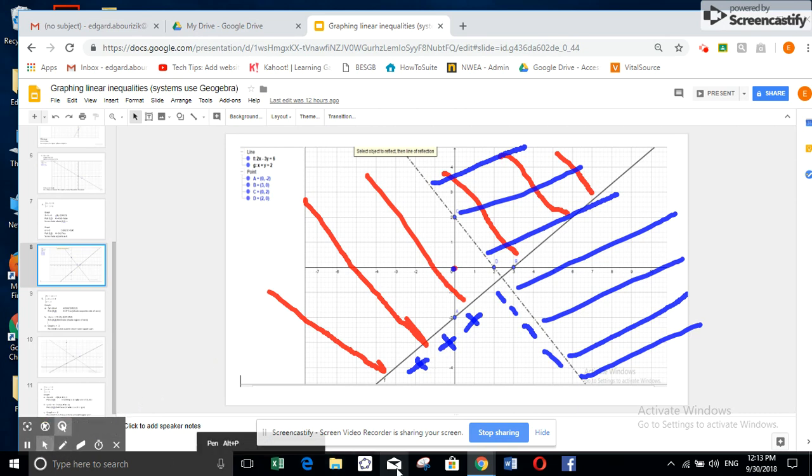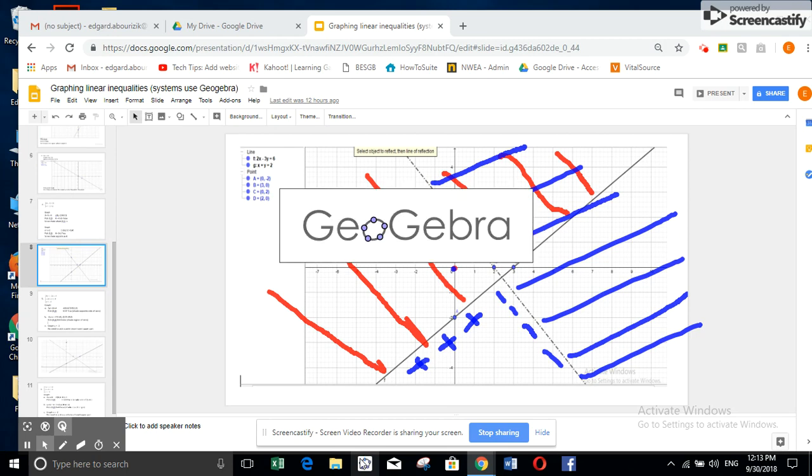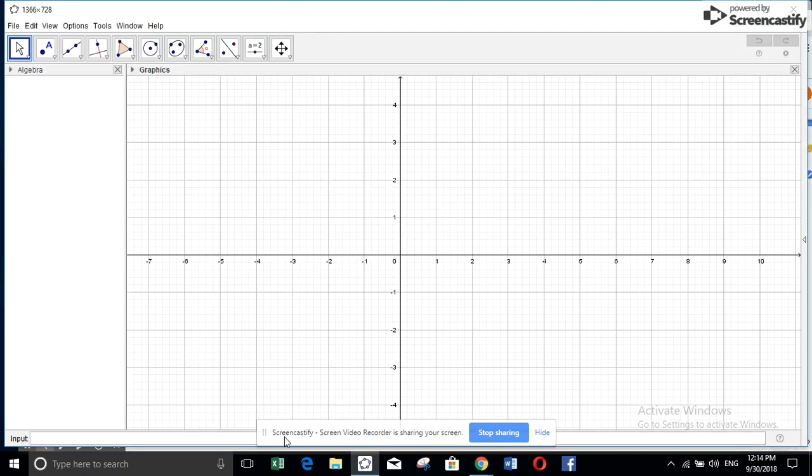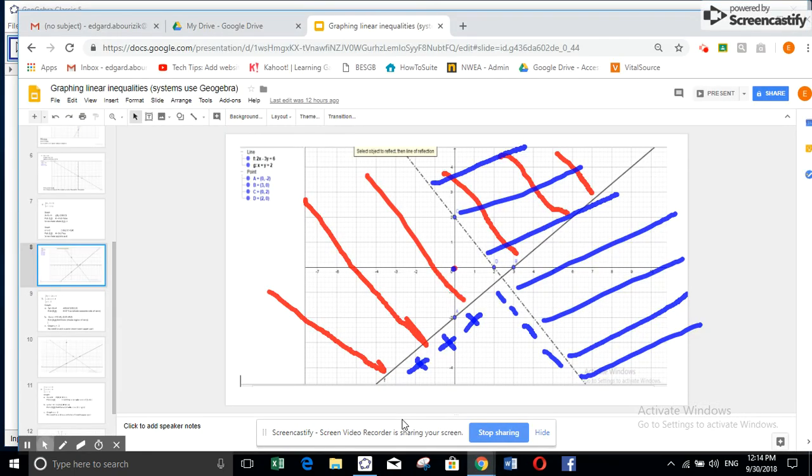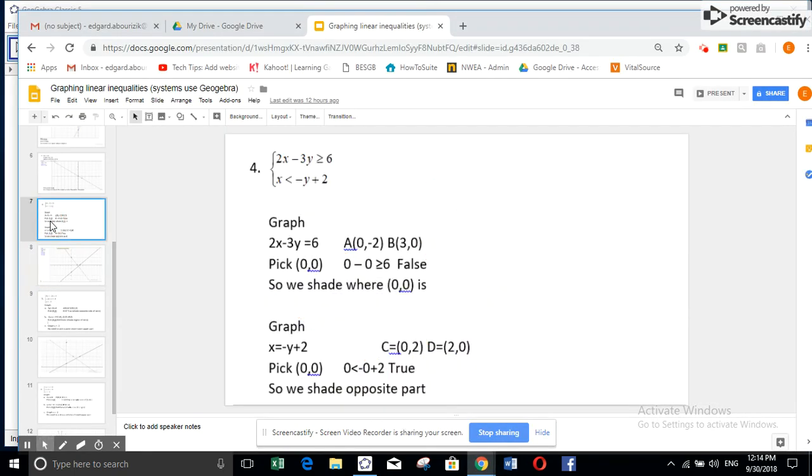So let us go to GeoGebra and graph these two lines. We're going to see how the graph looks. First of all, let me write these two equations. The first equation was 2x minus 3y bigger or equal to 6. The second, x less than minus y plus 2.